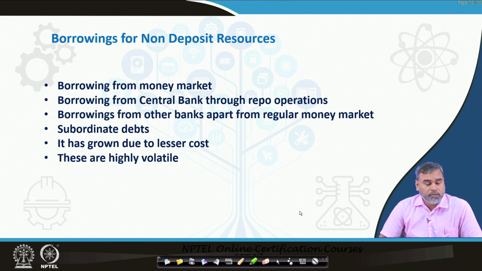Then there is borrowing from other banks, apart from the regular money market. It is not necessary that we always rely only on the call money market. For any kind of long term purpose, if there is a possibility, they can borrow from other banks.